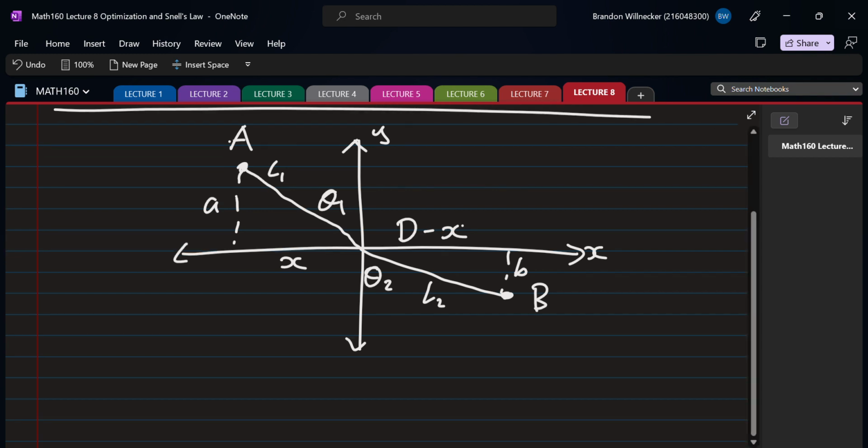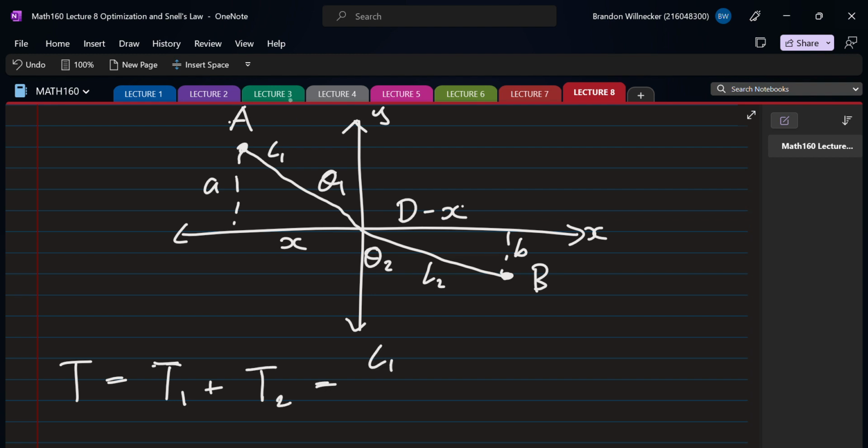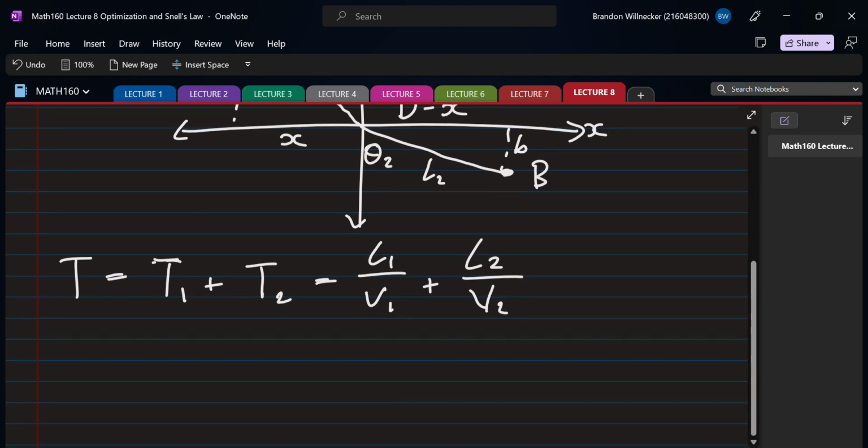Okay, so we had the total time t, we said was t1 plus t2, and we worked this out as L1 over V1 plus L2 over V2. Now this L1 and L2 we can write in terms of the angles, but again the class seemed very confused with the angles and the trig, so I'm going to write it in terms of x. Okay, maybe that would be a bit easier to work with.